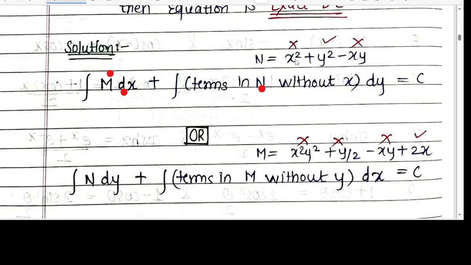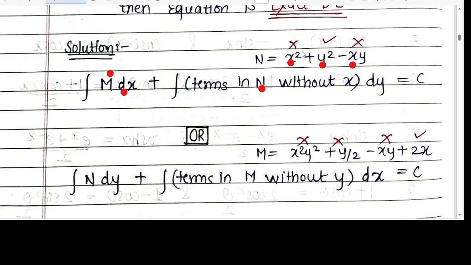So for example, here I have written N is equal to x square plus y square minus xy. Here in N, first is x square, don't take it. Second term is purely y square. This is independent of x or free from x, so this term will come over here. Third term won't come.